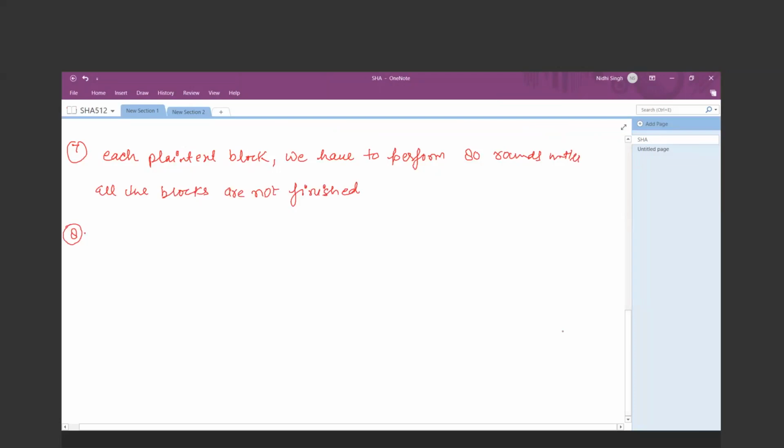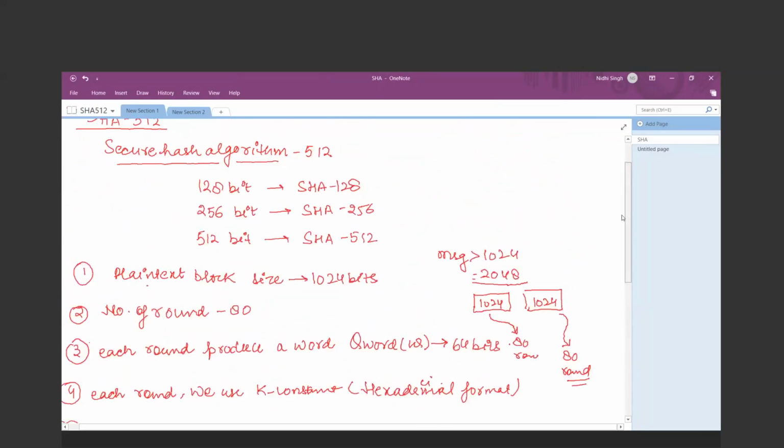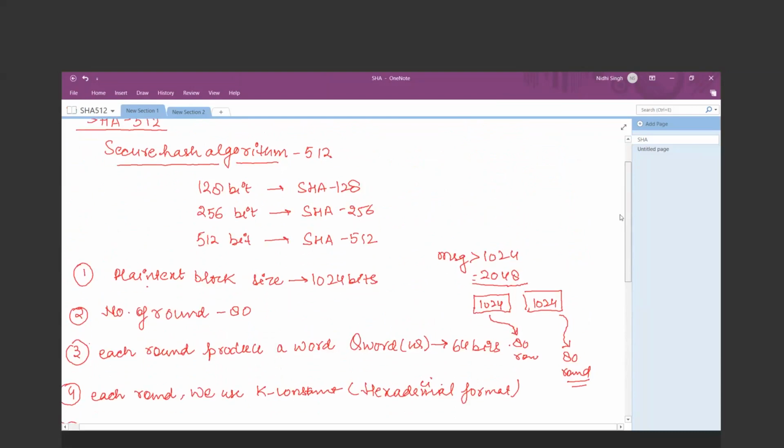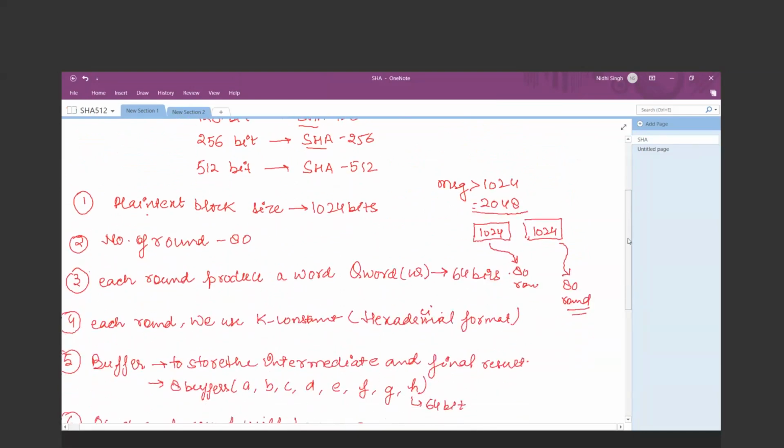So first, let me repeat what I said. A secure hash algorithm creates a message digest at the end. If my message digest is 512 bits long, then we say SHA-512. So according to the output generated, my SHA is categorized. There is a restriction that my plain text block size must be 1024.